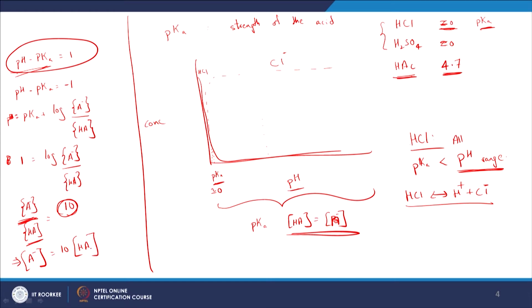So, let us look at another example, right. One example we looked at was when pH minus pKa is equal to 1, and we see that the activity of A minus or the concentration is going to be 10 times the activity of HA, right. And when the other aspect, pH minus pKa is equal to minus 1, what is it going to be? So, we have pH minus pKa is equal to log activity of A minus by activity of HA.